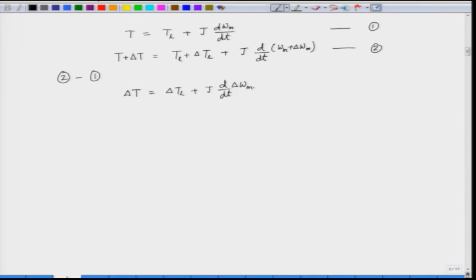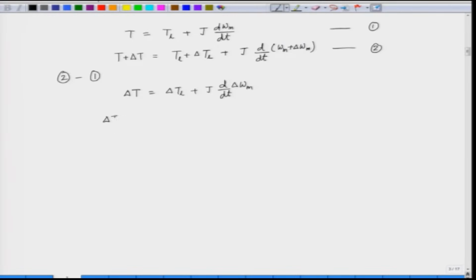Now, this is a small signal equation about the perturbation delta T, delta omega and delta T L. From this equation we can show whether an equilibrium point is stable or unstable.